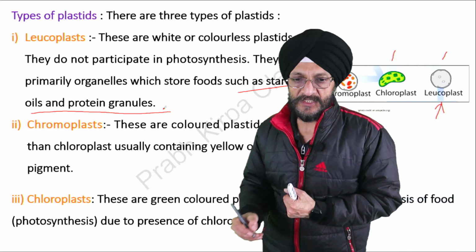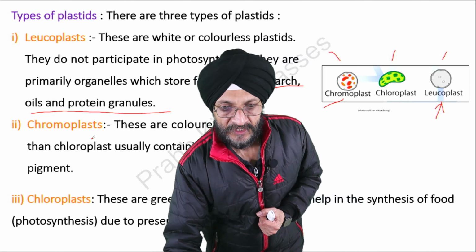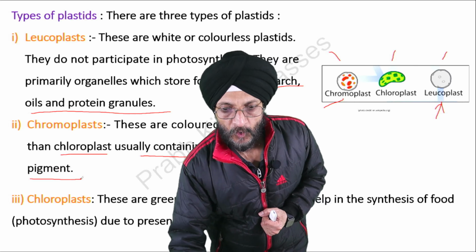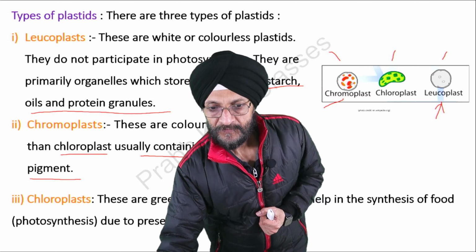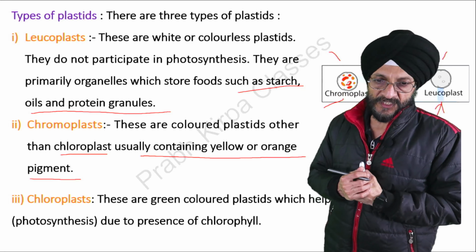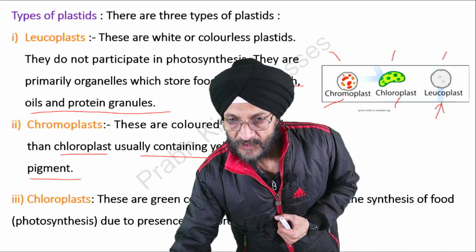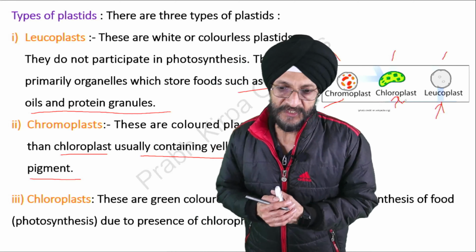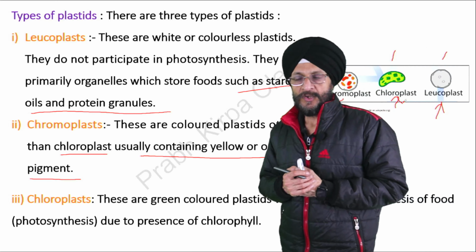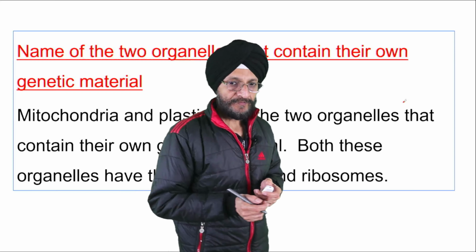Whereas chromoplasts are colored plastids other than chloroplast, usually containing yellow or orange color pigment. Now, chloroplasts, these are green colored plastids which help in the synthesis of food due to the presence of chlorophyll.